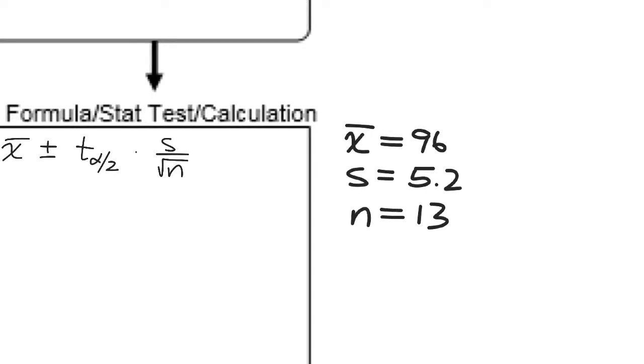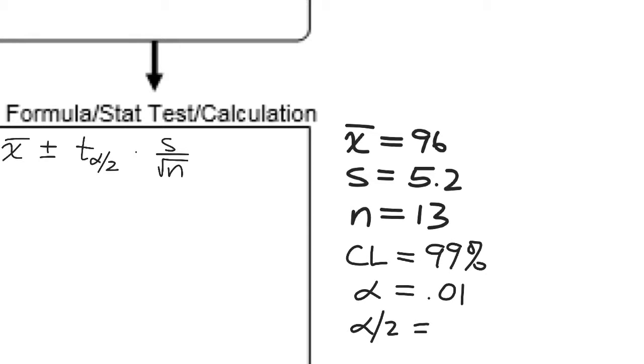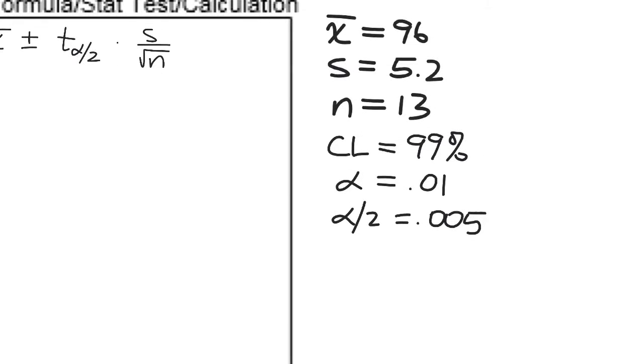We also know that the confidence level is 99%, which makes alpha equal to 0.01, which makes alpha over 2 equal to 0.005. All right, I'm going to use the inverse T function. So second vars on my calculator is option 4.